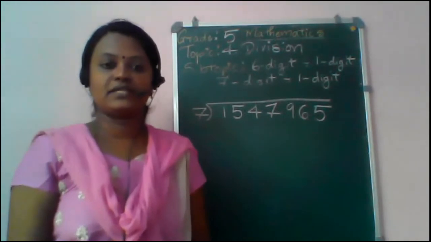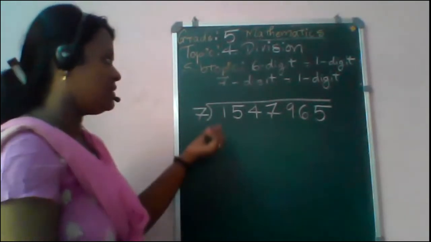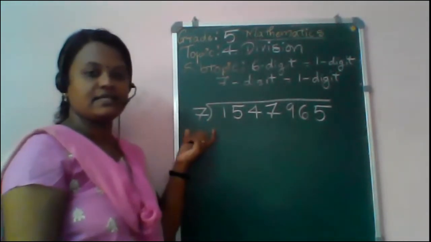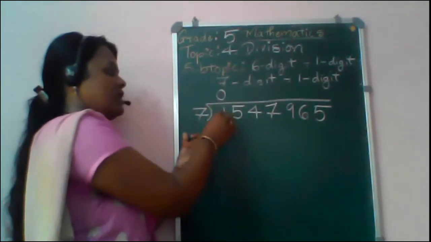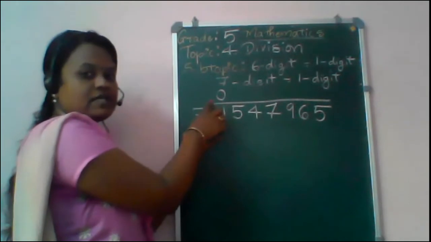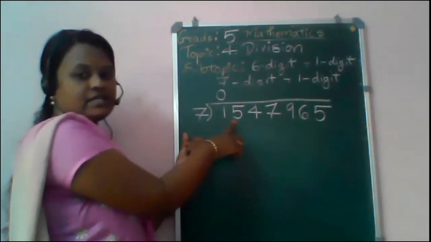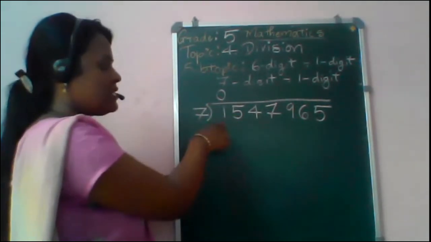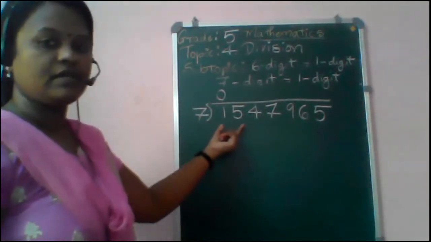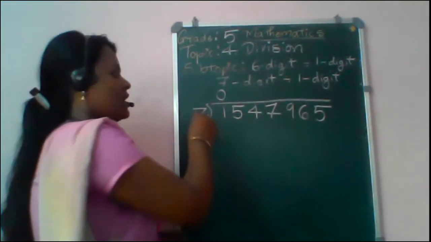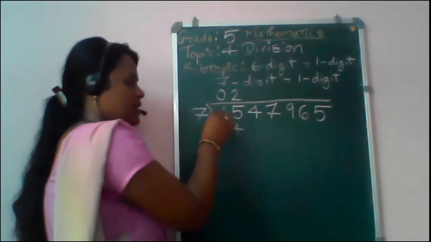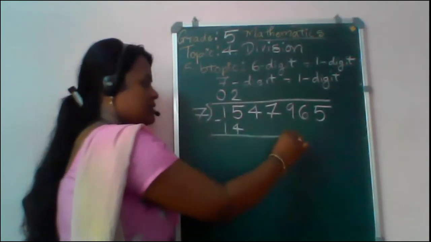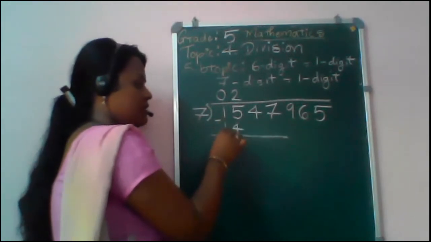So we shall first compare with the first digit. 1 is less than 7. So I shall place 0, taking over the next digit to make 15. 7 twos are 14. And then we subtract. We have 1 as the remainder.